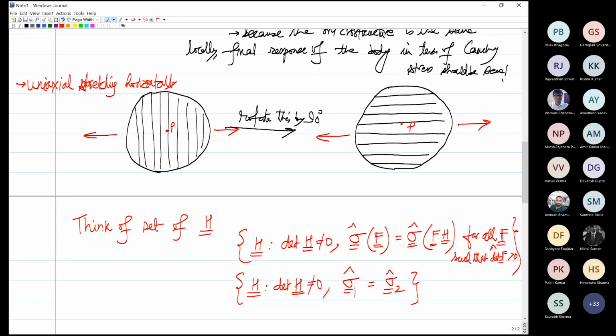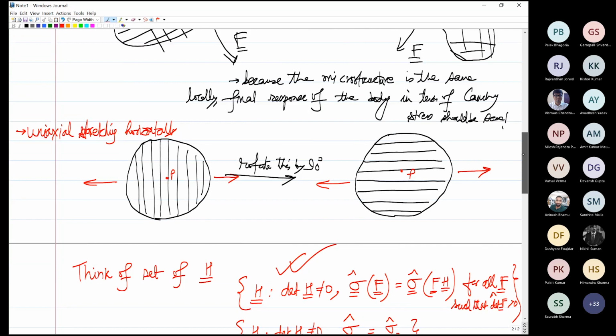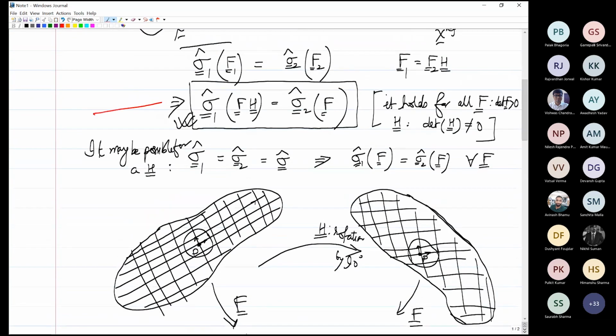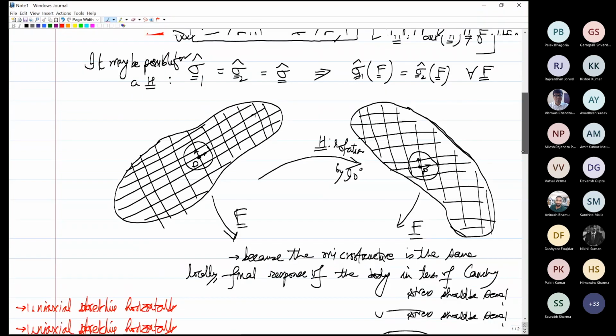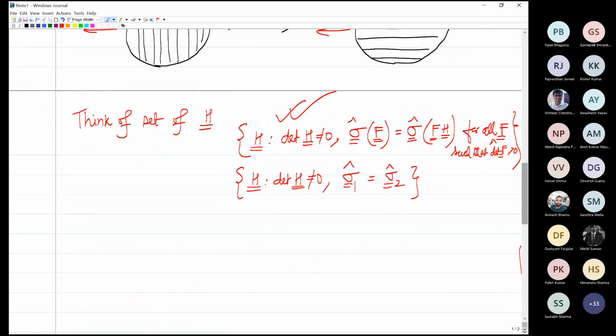So for all such H for which the response function becomes the same, or the first statement that sigma hat F, because you see how did you get the first statement, that is from here. Since the response function is the same, sigma 1 hat and sigma 2 hat are the same and equal to sigma. Okay. So this set of H is what we say comes in the symmetry group of the material.